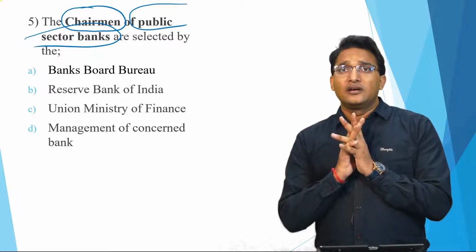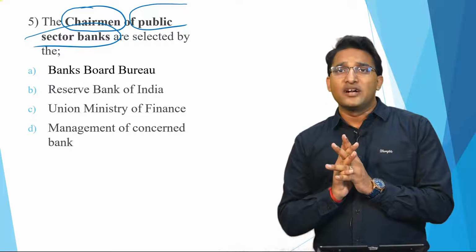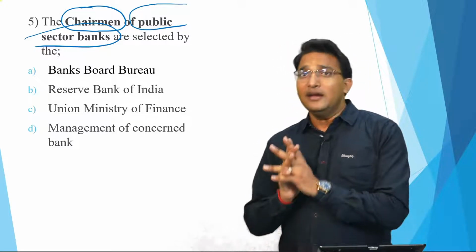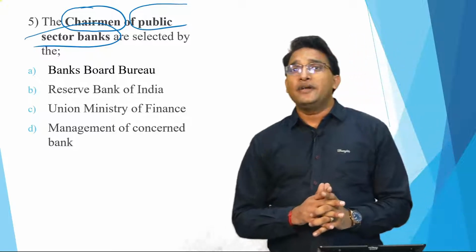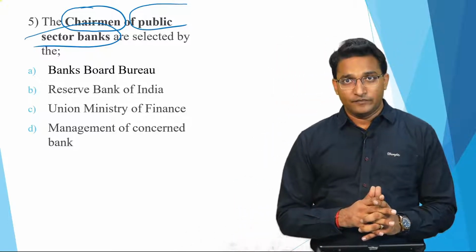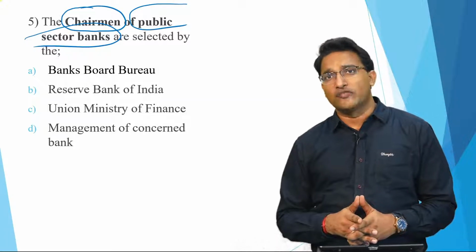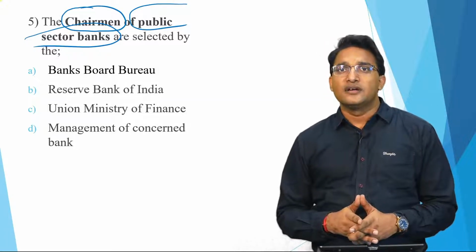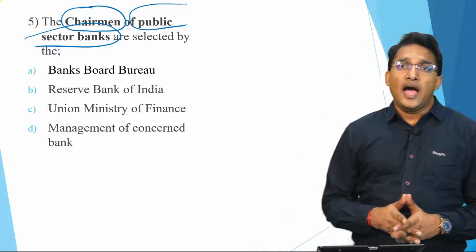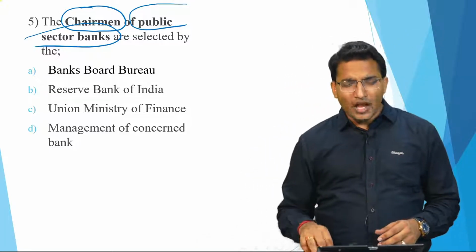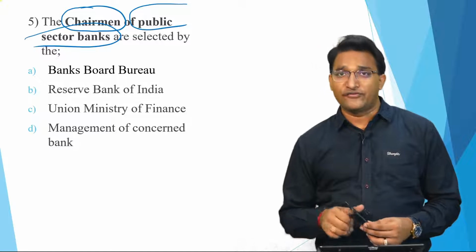Actually, the bank's chairman is appointed, the more appropriate term, by the Cabinet Committee on Appointments. The Cabinet Committee on Appointments, which is headed by the Prime Minister of India, is the appropriate body which is actually appointing the bank chief.